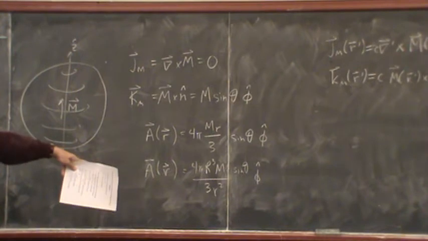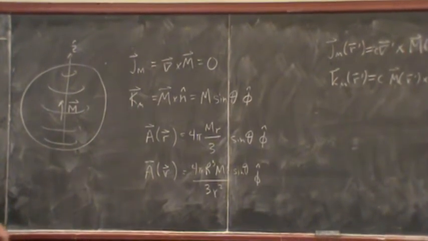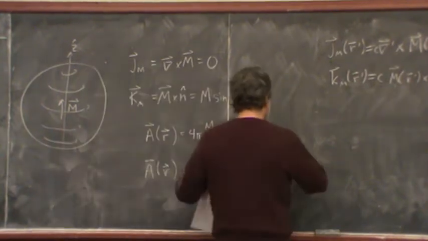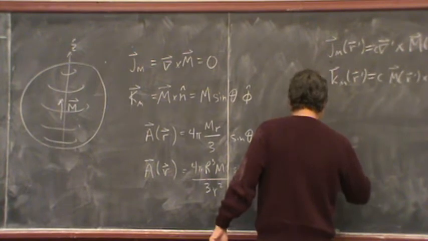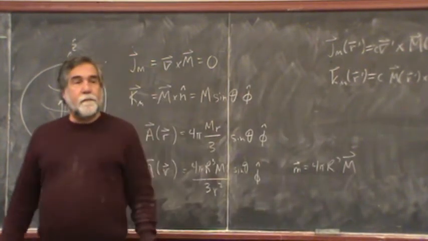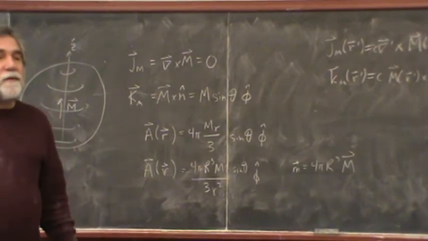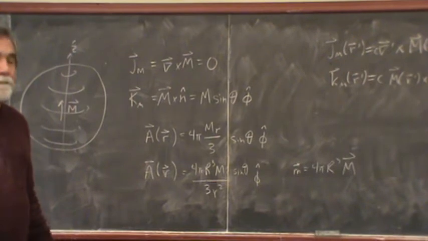Which is a dipole with dipole moment, little m would be the dipole moment of the whole thing, 4 pi r cubed m. Take the magnetization per unit volume, multiply by the volume, gives you an effective dipole moment, right?